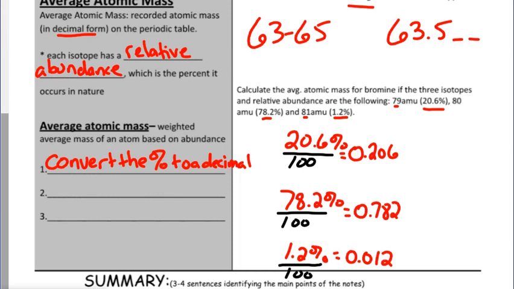Now that we've got them in decimal notation, we're going to multiply the decimal by the mass number.